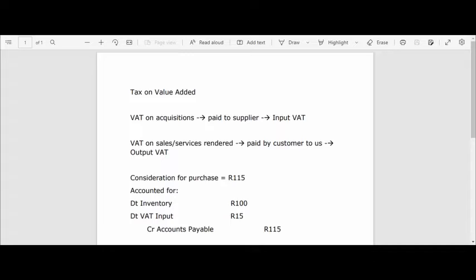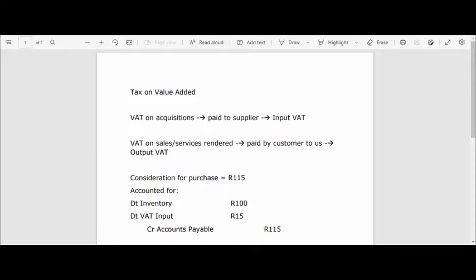So really, ladies and gentlemen, if you think about that, because you as a business are able to claim back the input tax and you have to raise the output tax, and you only pay over the difference between the two to the revenue service, it means it is really a tax on value added.